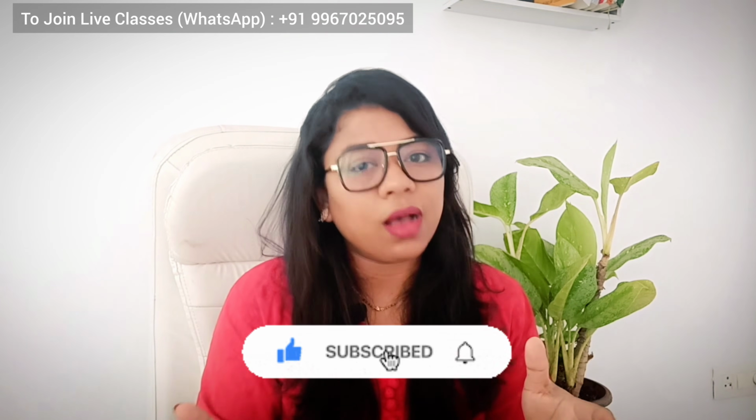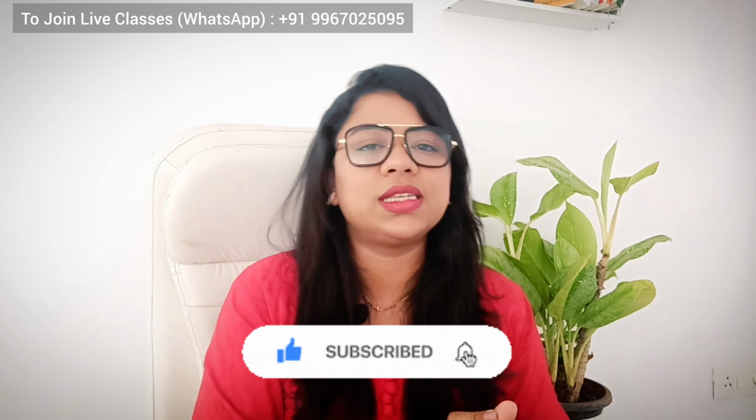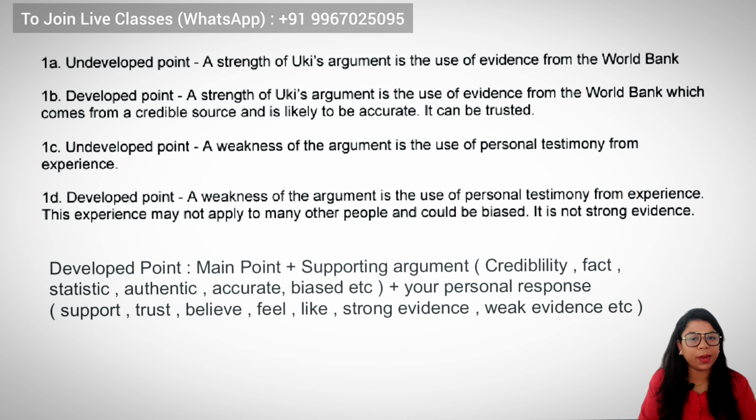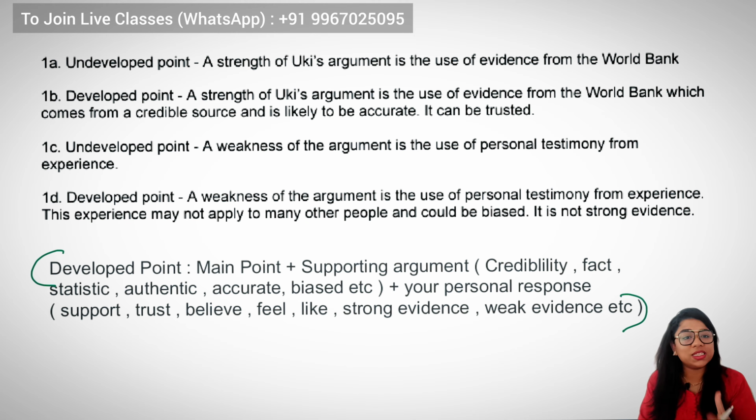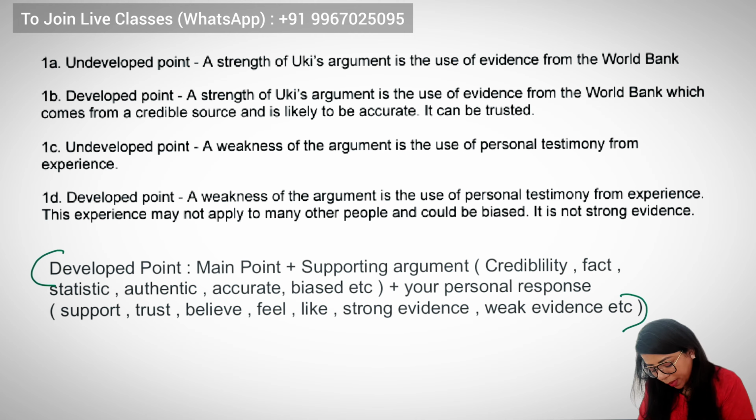And yeah, let's get started with the class. So moving on to my iPad screen right now, as you can all see on my screen. Let's understand the definition of a developed point. What exactly is a developed point? It is the main point, whatever you want to say.